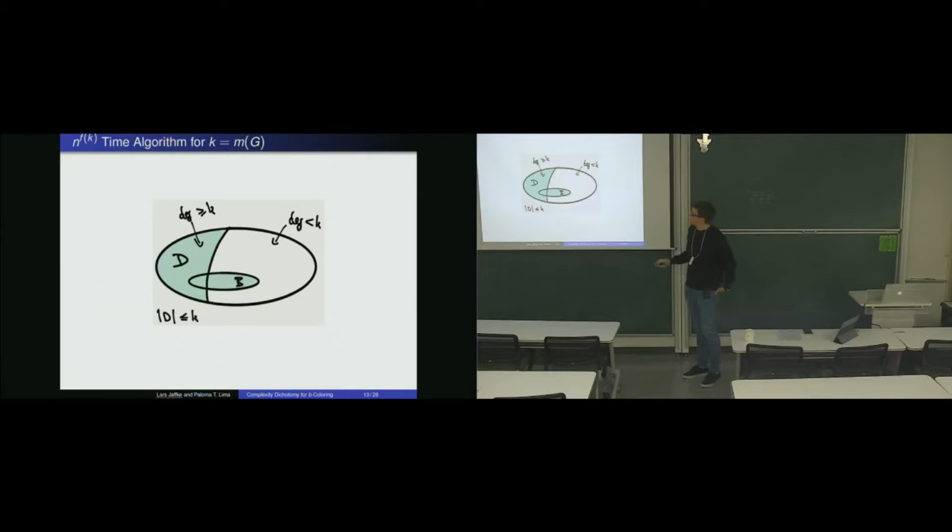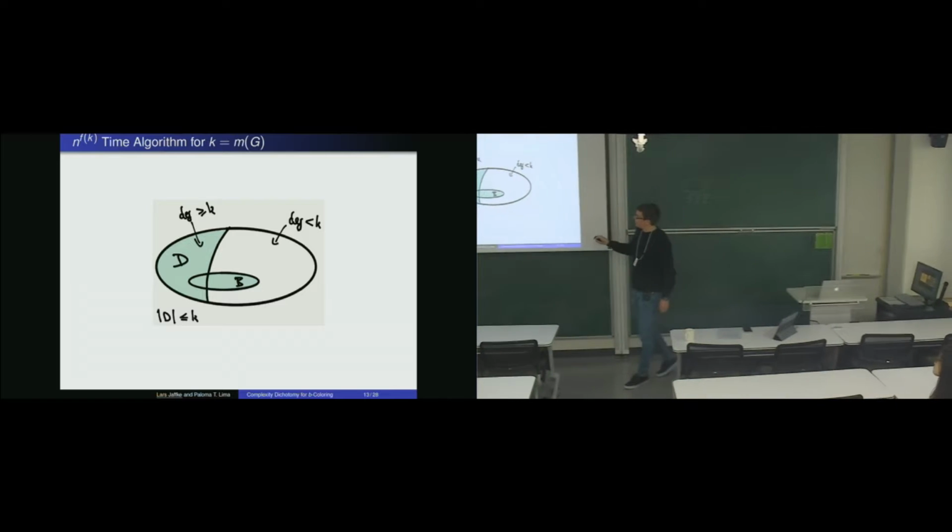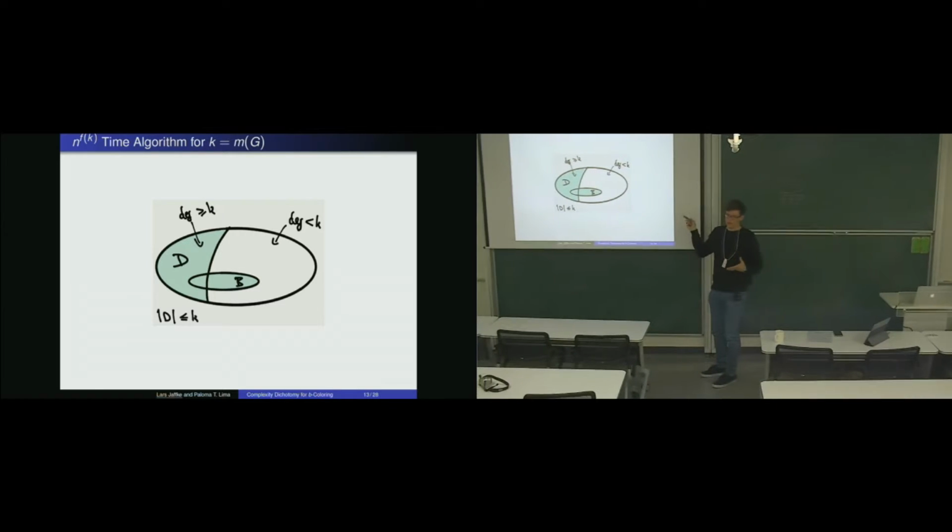So we enumerate all the B pre-colorings and all the colorings of D. Then the vertices that have not yet received a color are of degree less than k. And this means that any proper coloring of this graph can be extended to the rest of the graph.